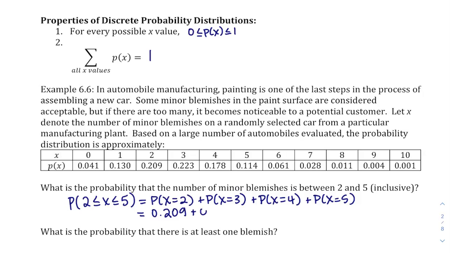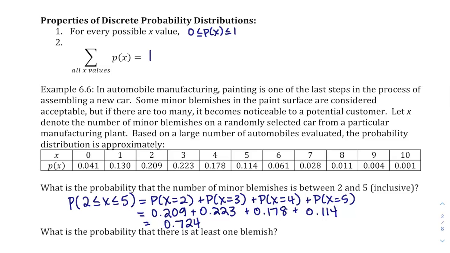We just get these from the table, and the sum of all of those is going to be 0.724. So approximately 72% of the vehicles have between 2 and 5 minor blemishes.